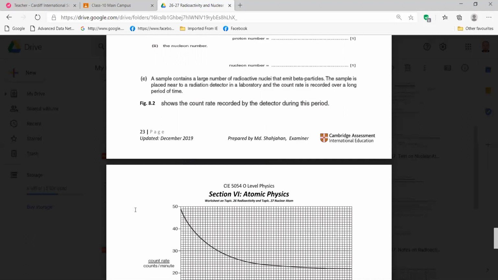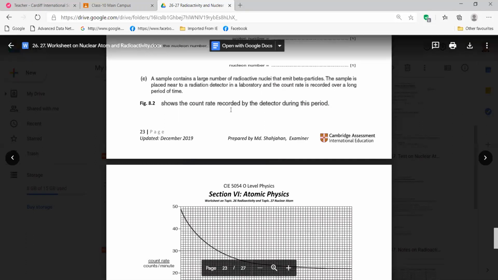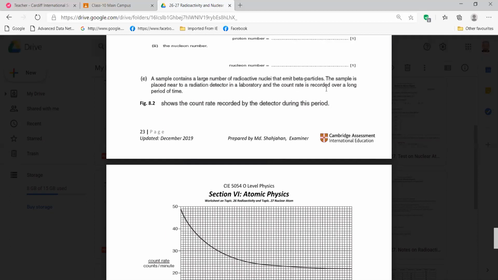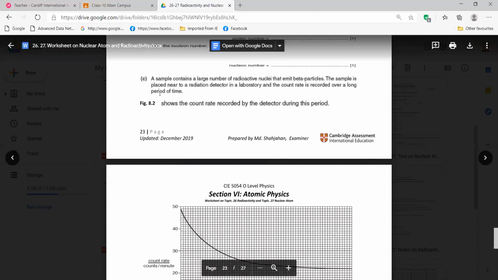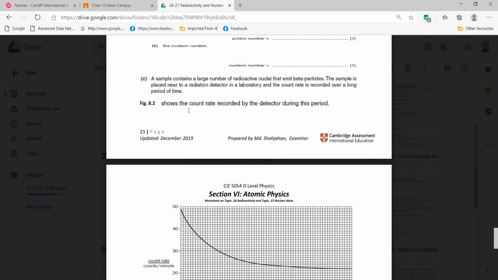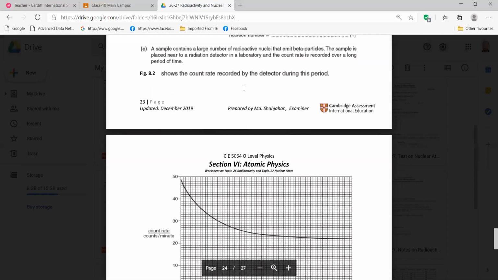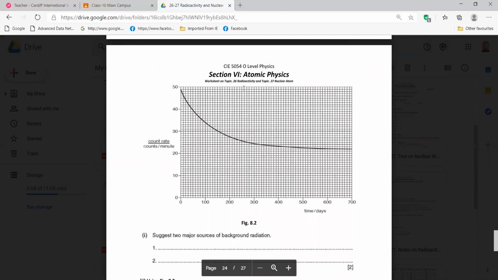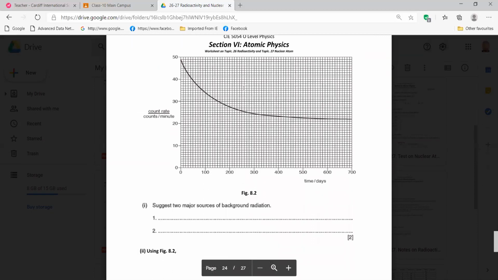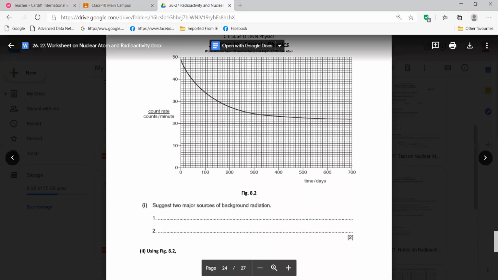So, here we have one piece of information: it emits beta particles, and the count rate is recorded over a long period of time. That's it. There is nothing that much important to note down. So we are focusing on this diagram now, this graph, to find the answer to this question.